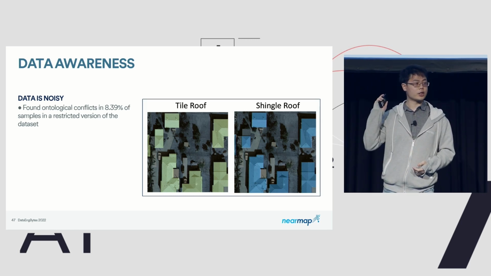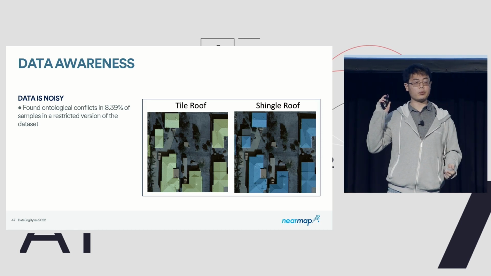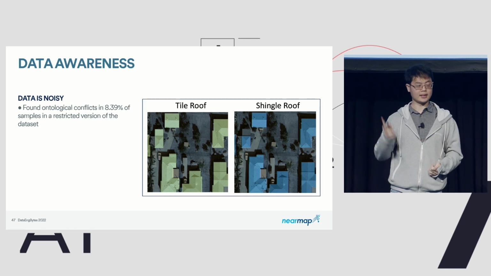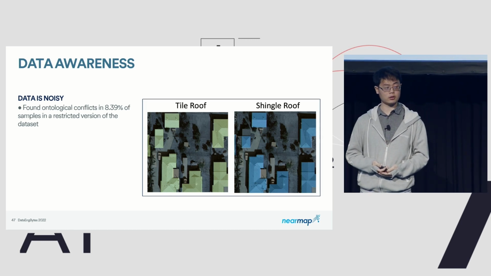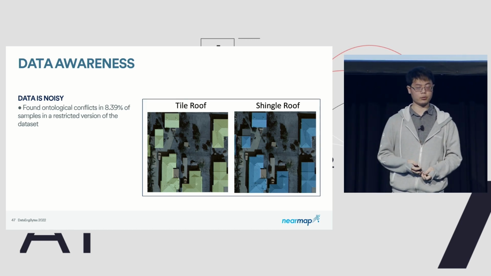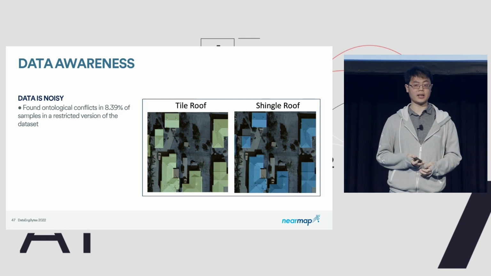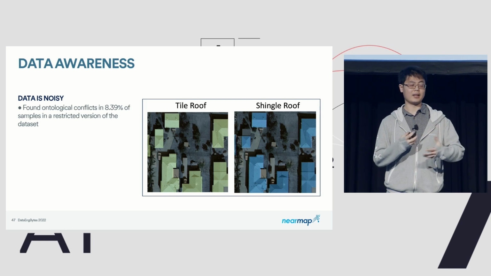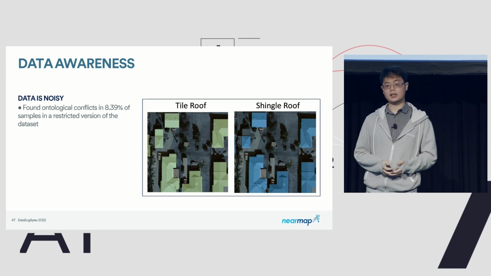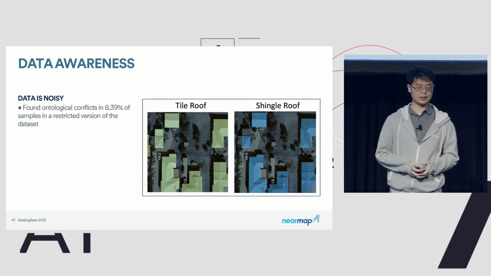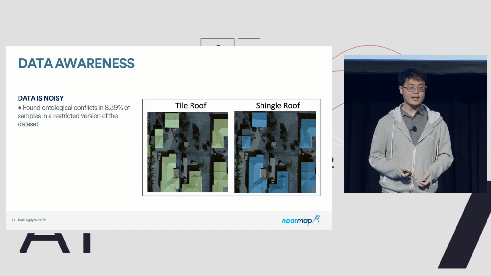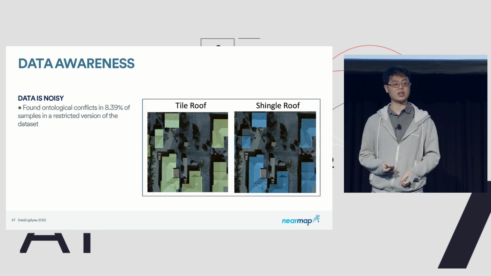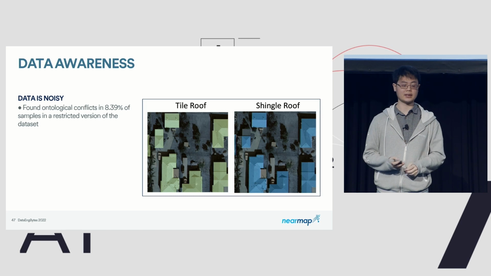And that's how you end up with situations like this, where basically we have one set of roofs, and it's got tile labels on it, that's the yellow, and it's also got shingle labels on it, which is the blue, even though those two are incompatible with each other. So we ran a POC with a simplified ontology, as well as running it on a reduced data set. And in that experiment, we detected ontological conflicts in 8% of the data.